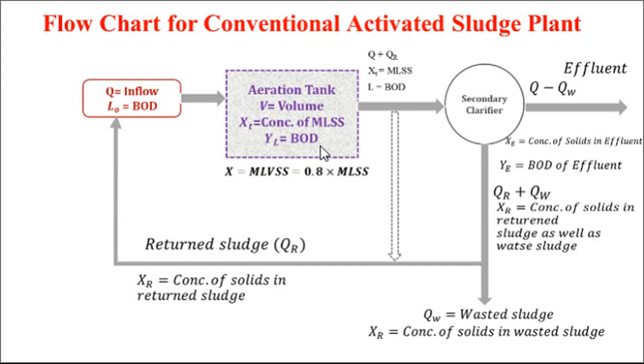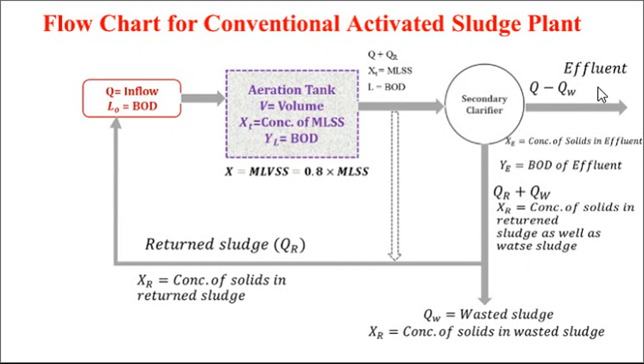After a certain aeration period, the content is taken out from the aeration tank, so that content is Q from the primary sedimentation tank and QR is the recirculated sludge. So total Q plus QR we are taking out, with MLSS concentration XT, and Y is the BOD remaining in the sewage after the aeration tank, and this total content goes to the secondary clarifier or secondary sedimentation tank. After settling of the sludge, whatever supernatant is there is taken out, so that quantity is Q minus QW.